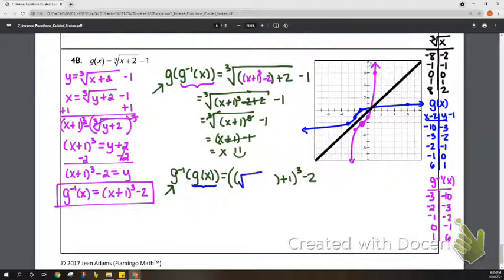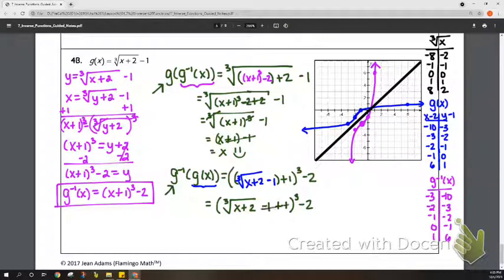So it's the cube root of x plus 2, and then minus 1. All right, I don't really have to have that inner parentheses there. So I'm going to rewrite this, kind of spread it out a little bit and drop that. So I have the cube root of x plus 2 minus 1 plus 1 cubed with the minus 2 at the end.